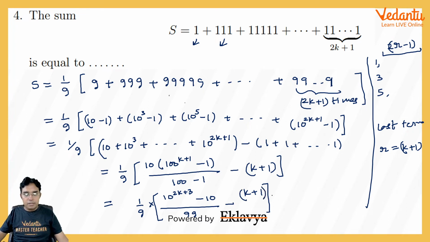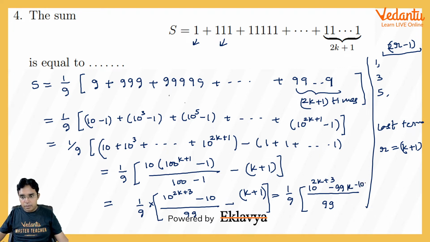So that will be the answer. You may take 99 as LCM, and it will become 10 raised to the power 2k plus 3, then minus 99k, and then minus 109, I think, 109. So that will be the answer of this question.